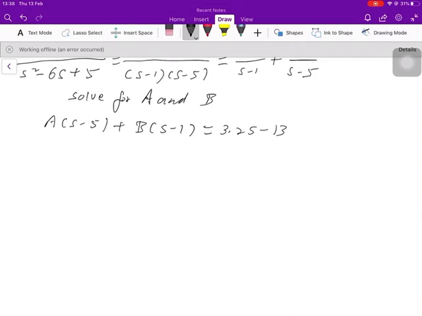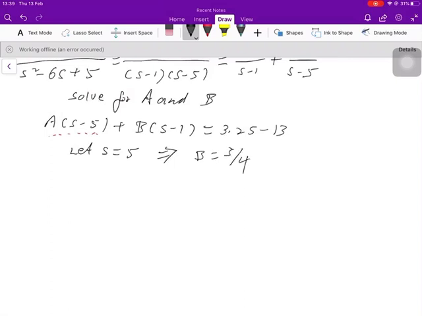Now if we let s equal to 5, this term will be equal to 0, and then we only have one coefficient value, B. Substituting s equal to 5, the B value is equal to 3 divided by 4.